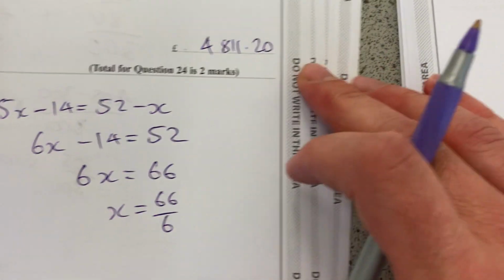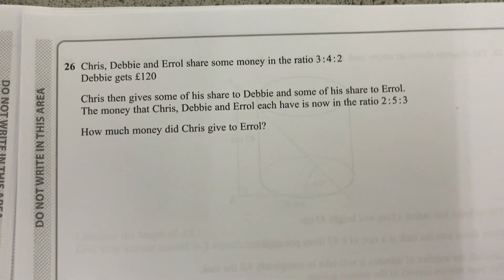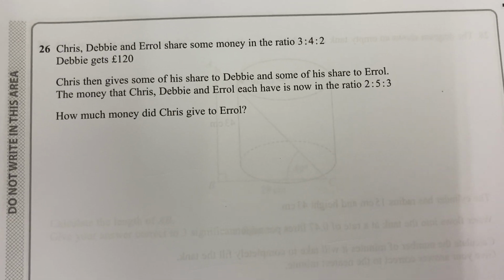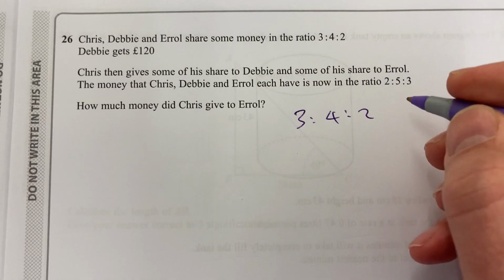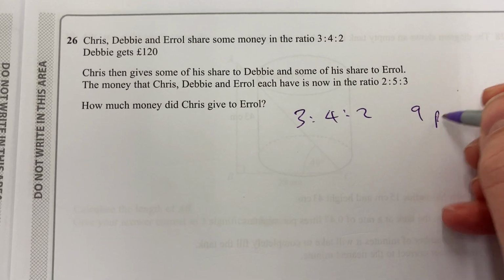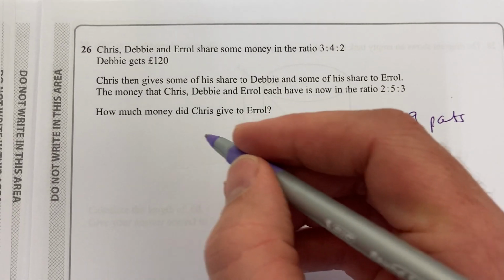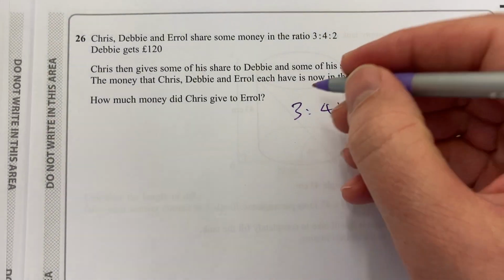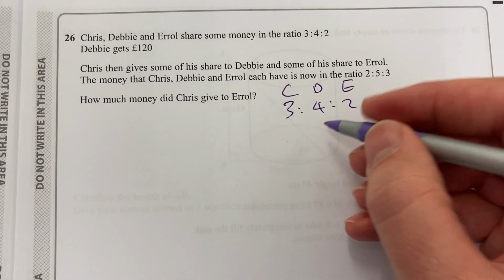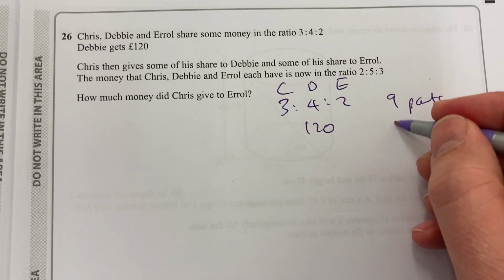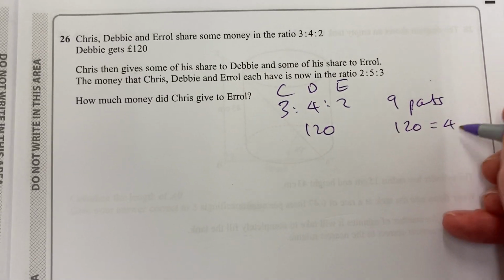Okay, question 26. Chris, Debbie, and Errol share some money in the ratio 3 to 4 to 2. That means that there are 9 parts of the total. Chris, Debbie, and Errol. So Debbie gets 120, and 120 is equal to 4 parts.